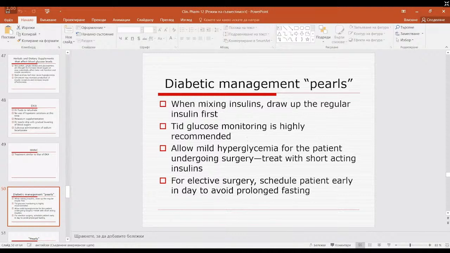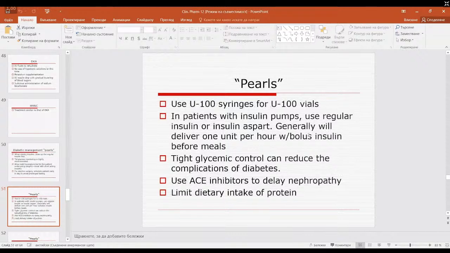For example, before surgery, it's very much advised that the patient do not use their insulins, and mild to moderate hyperglycemia is allowed before surgery because these patients usually do not eat. So it's not a big problem for the patient to have a little bit higher levels of blood glucose, let's say around 10 millimoles for the first part of the day before the surgery is done.